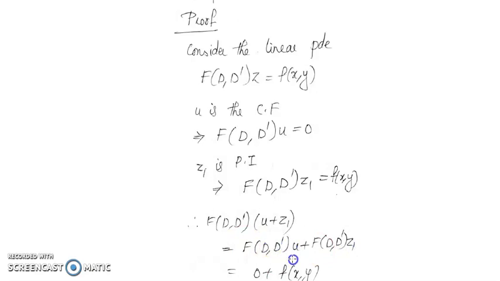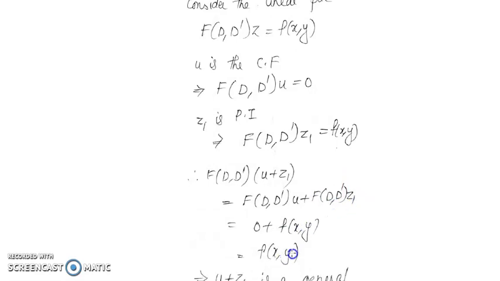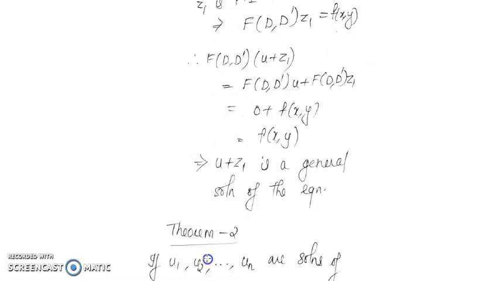Now f of d dash u is 0, and f of d dash z1 will be equal to f of xy. So therefore we will get f of xy. Here u plus z1 satisfies the equation, so u plus z1 will be a solution. Now it becomes a general solution because here u will contain the arbitrary elements. So therefore this is a general solution.